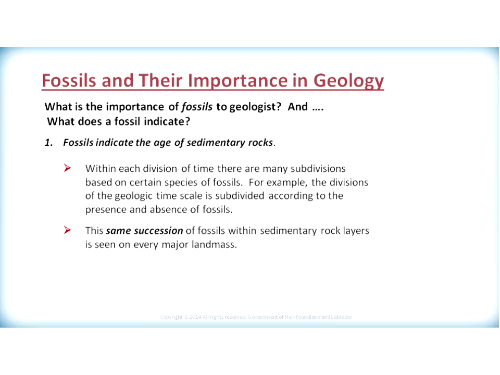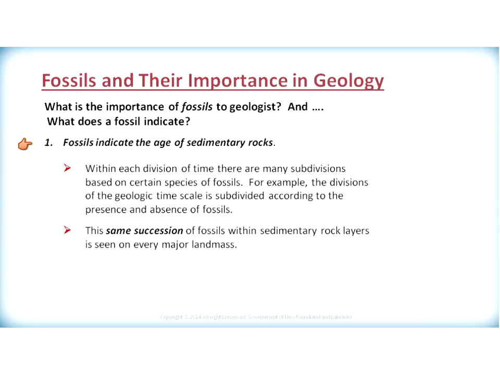One of the questions that geologists commonly ask concerning fossils and their importance in geology is, what is the importance of fossils to a geologist, and what does a fossil indicate? One thing that fossils indicate is the age of sedimentary rocks.